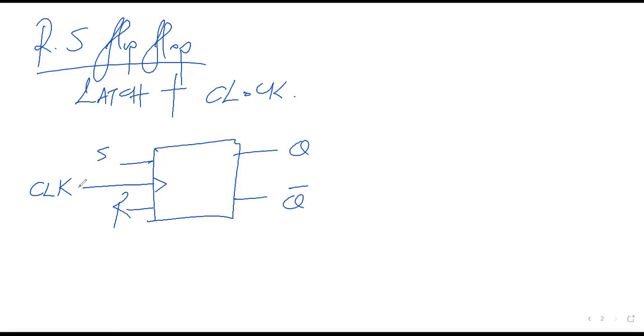Let's see how the clock affects the operation. As we can see, the flip-flops are now synchronized. It means the state can only change at a particular instant of time. The state now doesn't change with the change in the inputs. If S and R change, but the clock doesn't allow that change, it means we don't have a change.